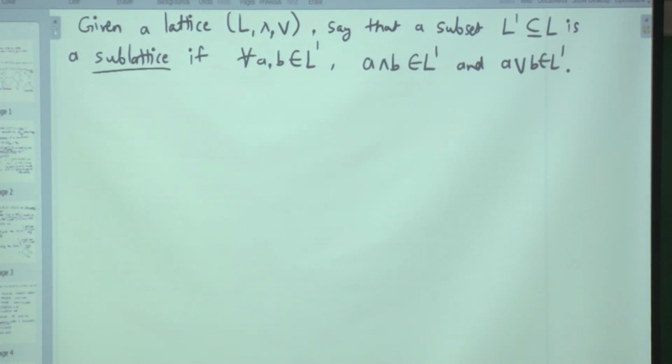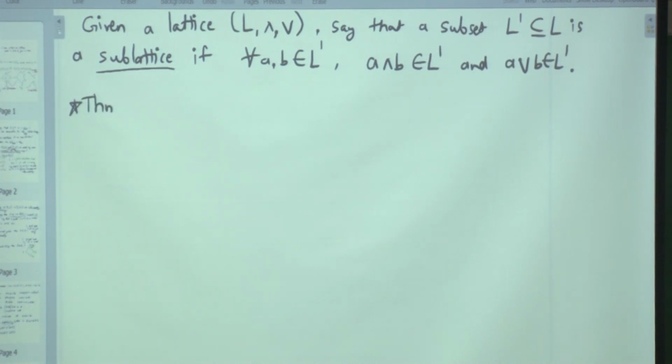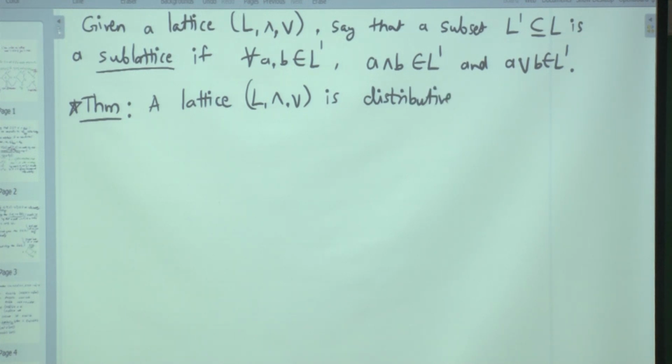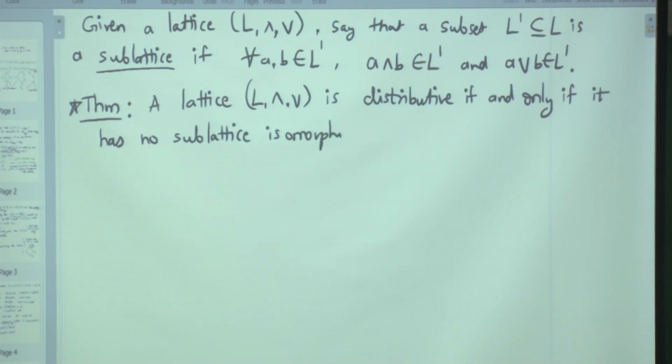Now there is a theorem which we are not going to prove, but it is very easy to prove. A lattice L is distributive if and only if it has no sublattice isomorphic to M3 or N5.